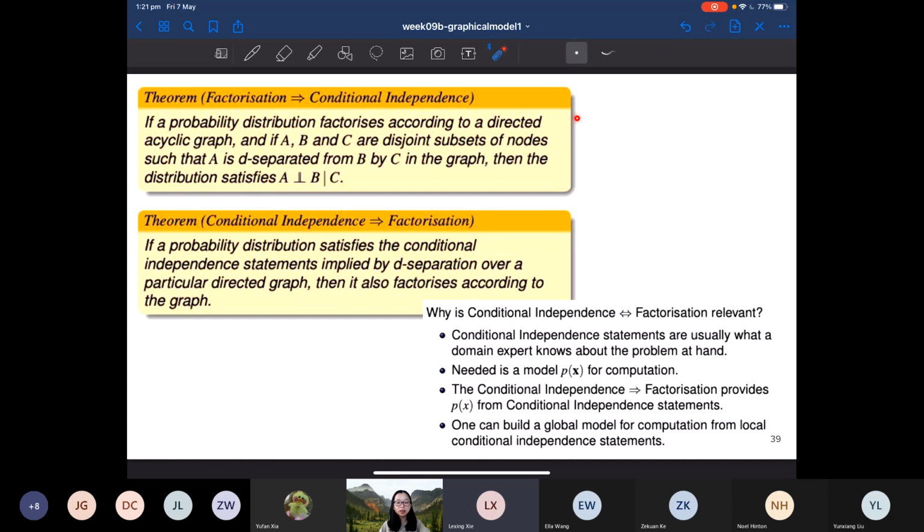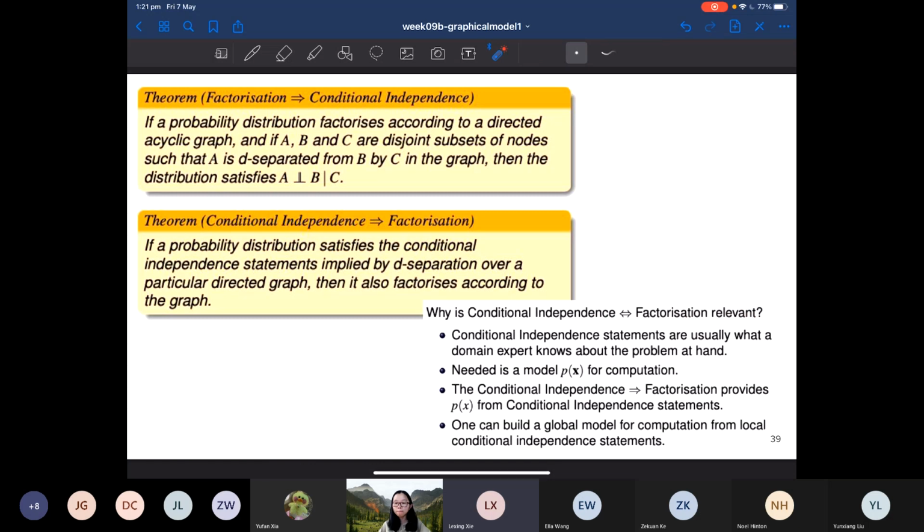Basically, this establishes the correctness of reasoning about d-separation in the previous few pages. And it's also the other way around. So we may ask ourselves at this point, why are conditional independence and factorization relevant?